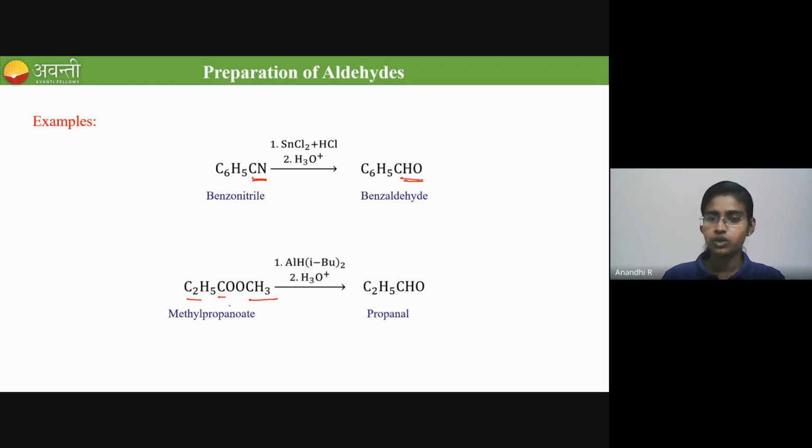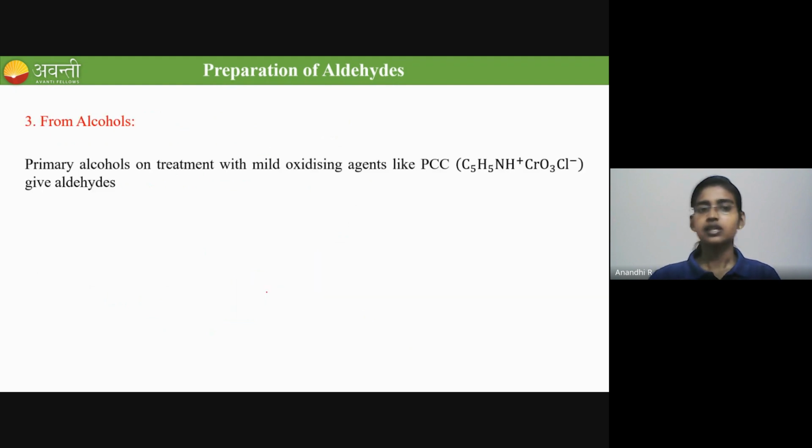Methyl propanoate gives propanal, because this OR will be converted to H, right? So we will get C2H5CHO at the end. Clear? Then we'll move on to the third preparation, that is the preparation of aldehydes from alcohols.